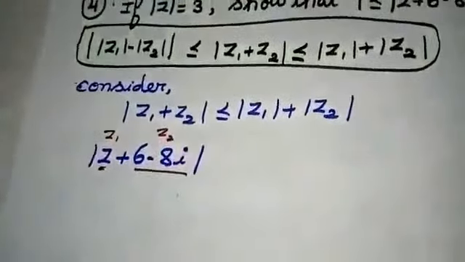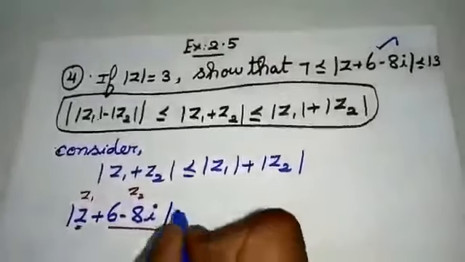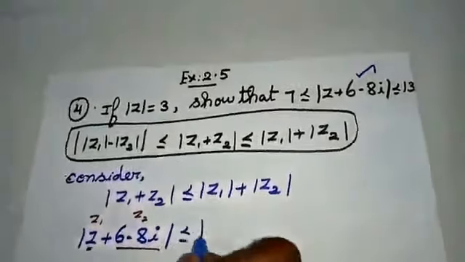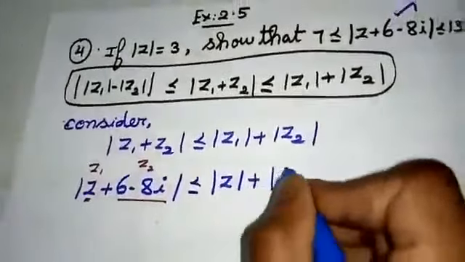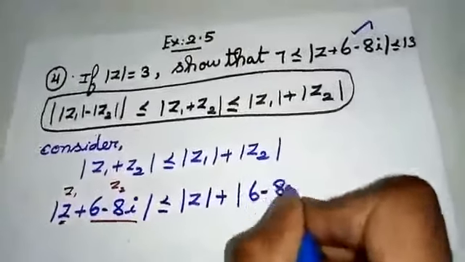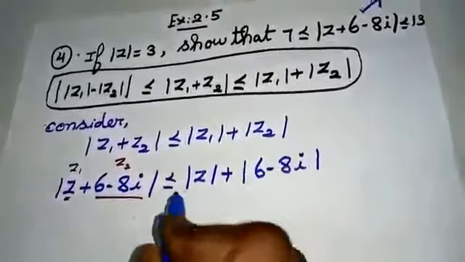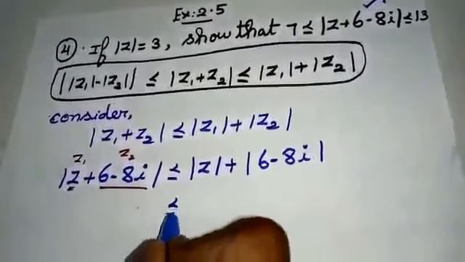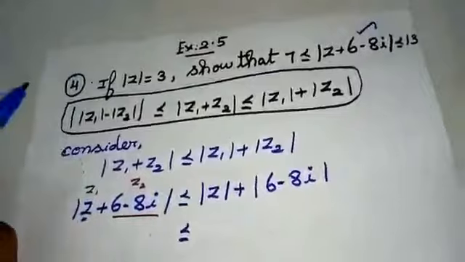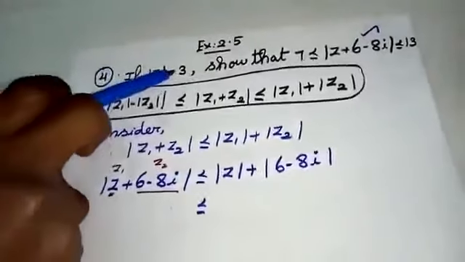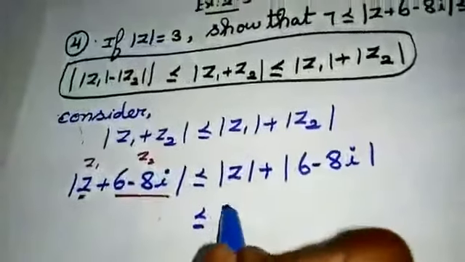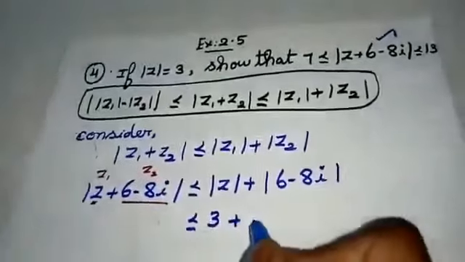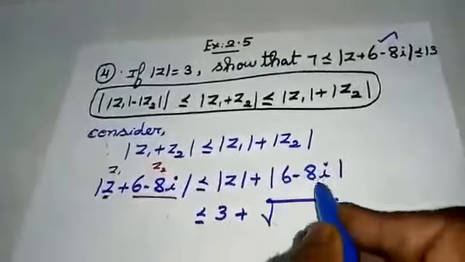Now just see here, what I'm going to do is, which is less than or equal to modulus of z plus modulus of 6 minus 8i, which is nothing but less than or equal to, what is the value for modulus of z given here? Modulus of z equal to 3. In place of modulus of z, I am going to replace the value as 3 plus, what is the property for modulus of real part, imaginary part?